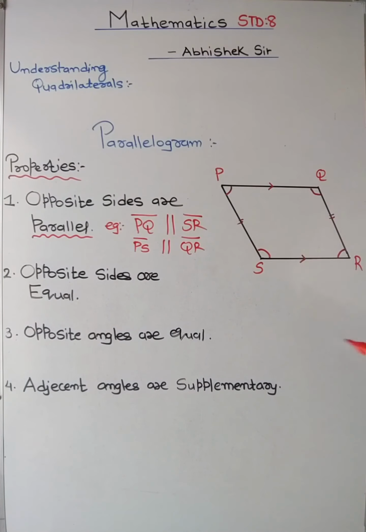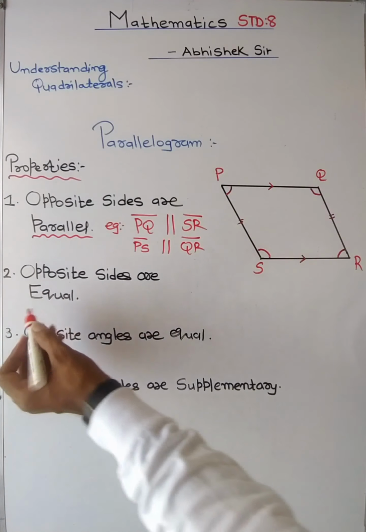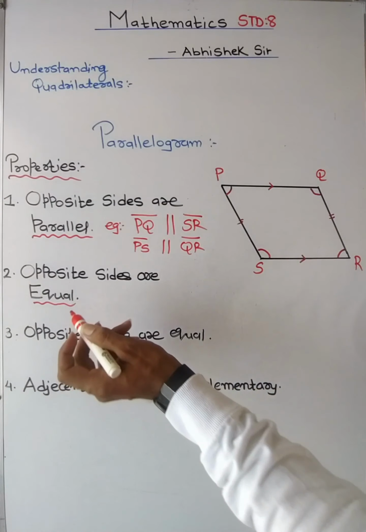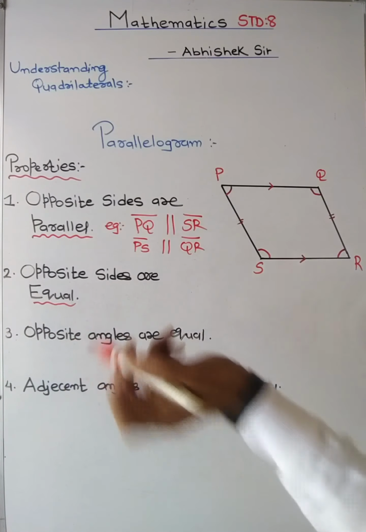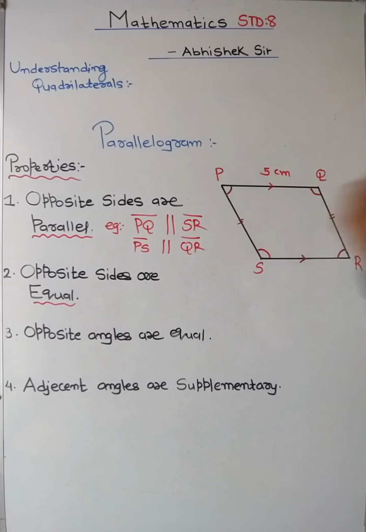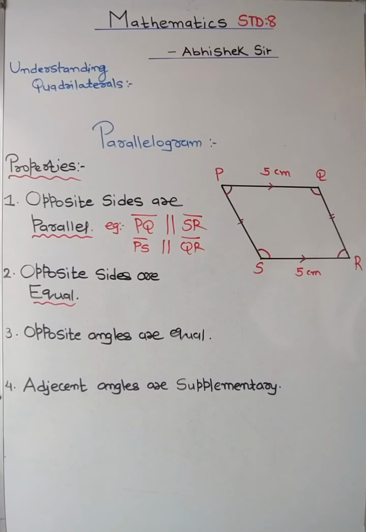Okay? Again, adding to it, opposite sides are also equal. This is very important. The measures of opposite sides are equal. That means if PQ is 5 centimeters, then SR will also be 5 centimeters, right?